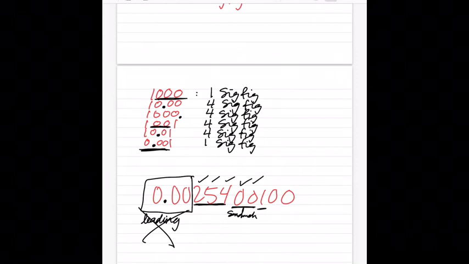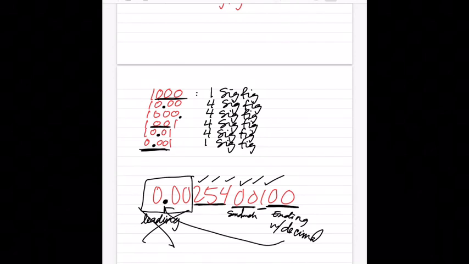This is a number 1 through 9, so that one counts. And these are ending zeros with a decimal somewhere in the number. Here's my decimal, right there. So yes, these 2 count as well. So total: 1, 2, 3, 4, 5, 6, 7, 8. 8 sig figs.